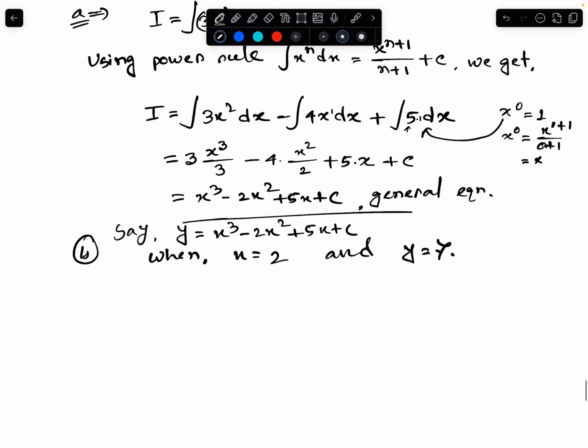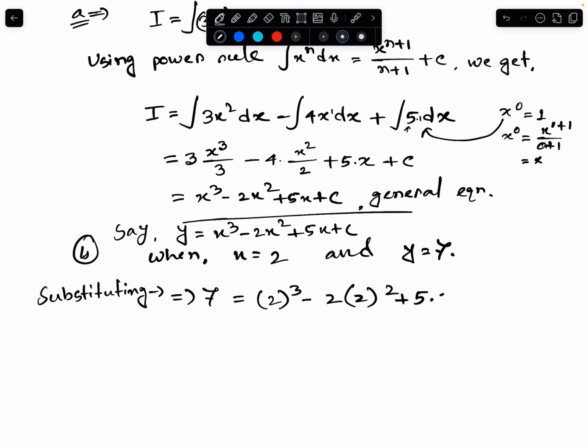Substituting y equal to 7 into the equation, we can write 7 is equal to 2 cubed minus 2 times 2 squared plus 5 times 2 plus c.